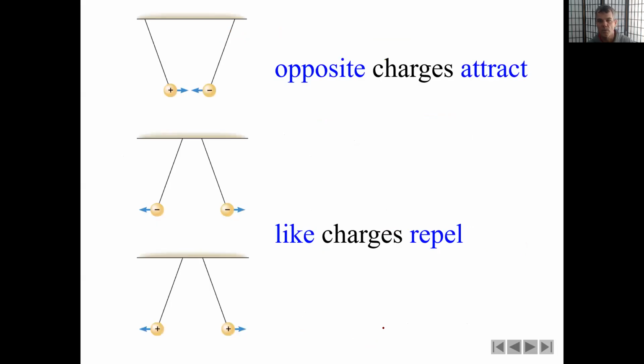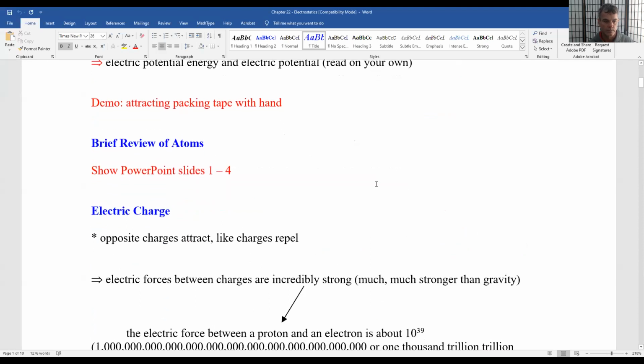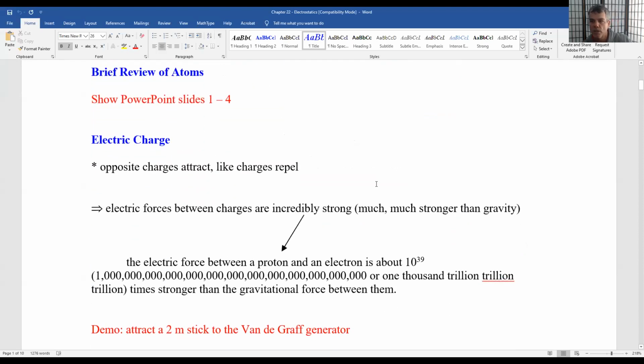And then our big starting point for the chapter is like charges repel each other. So two negative charges will repel each other, two positive charges will repel, and then opposite charges attract. All right, so let's go back to lecture notes. So opposite charges attract, like charges repel.